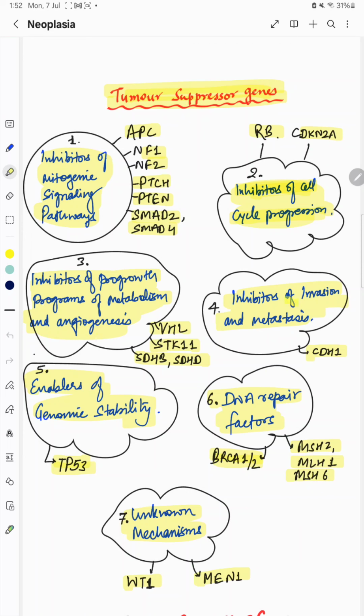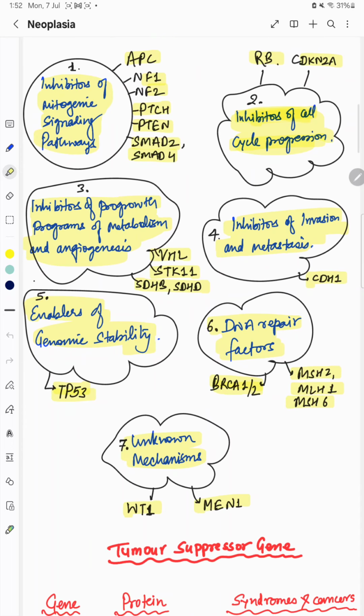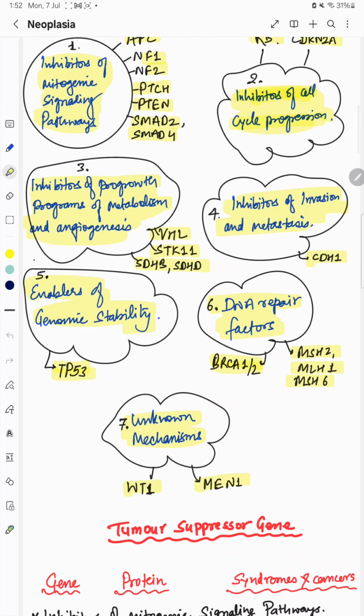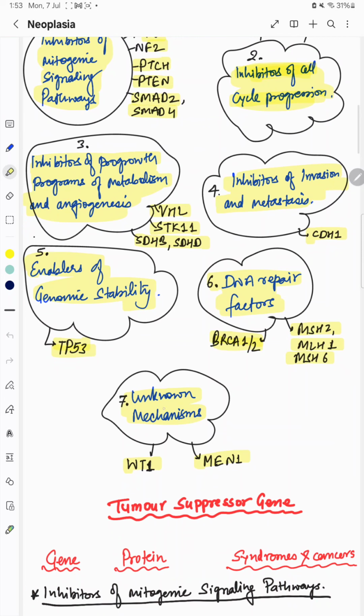Fourth is inhibitors of invasion and metastasis. Fifth category is enablers of genomic stability. Sixth category is DNA repair factors. In the seventh category, we will discuss some unknown mechanisms that suppress tumor formation.